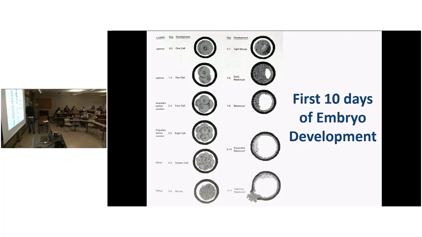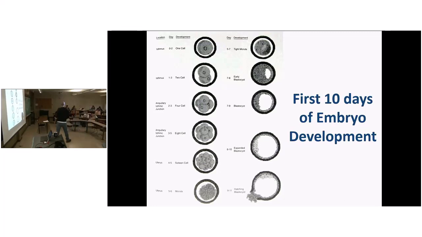So at this point you call this cell here, or this group of cells, the inner cell mass. Not very fancy or anything. It's just an inner cell mass. That inner cell mass is what's going to be the embryo itself.